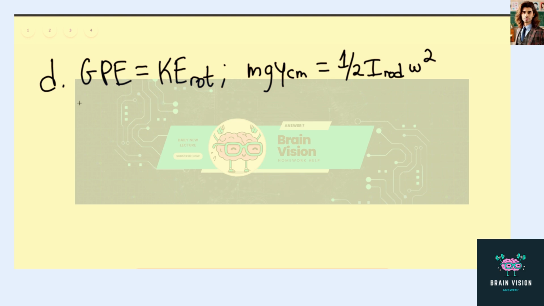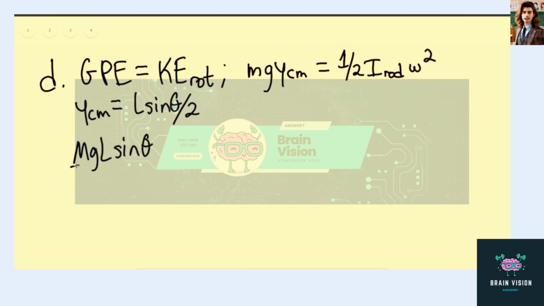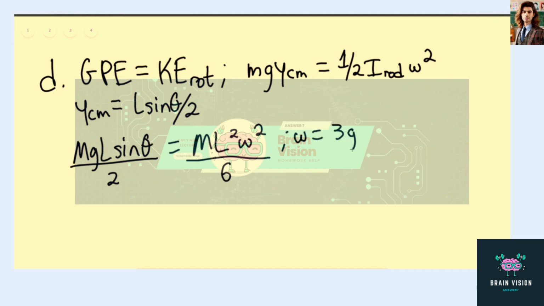And we know that y center of mass is equal to L sine of theta divided by 2. So mg L sine of theta divided by 2 is equal to mL squared omega squared divided by 6. And so omega is equal to 3g sine of theta over L, to the 1/2 power.